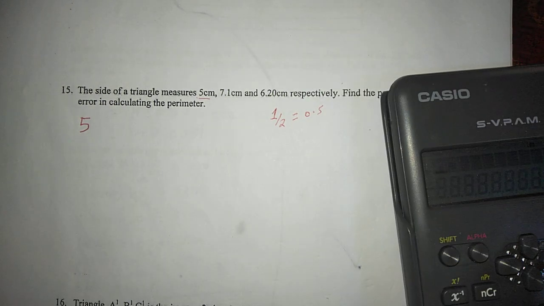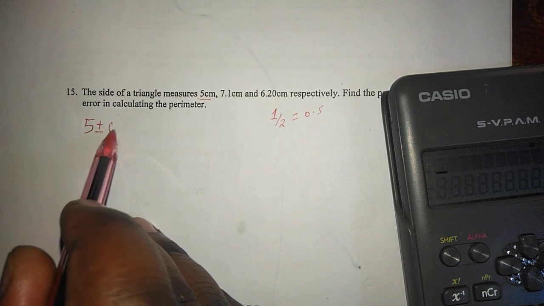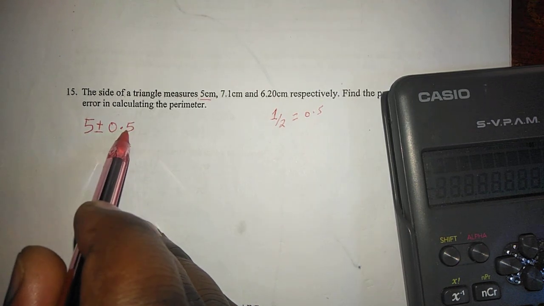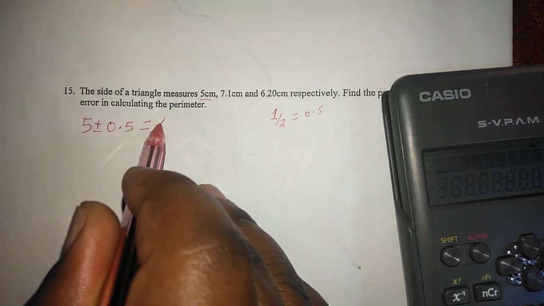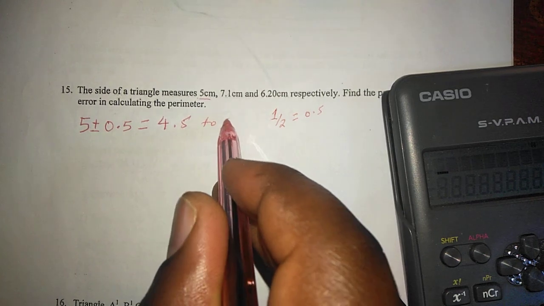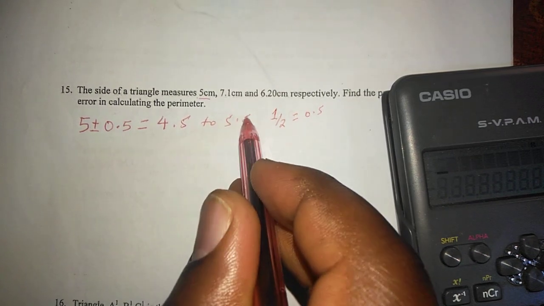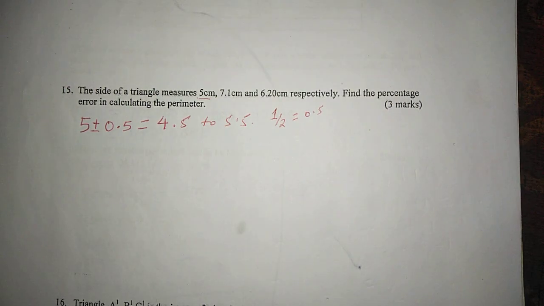Therefore, this dimension will lie between, when we add and subtract the absolute error in the recording of the side, either 4.5 or 5.5. Therefore, the first dimension lies between 4.5 and 5.5.